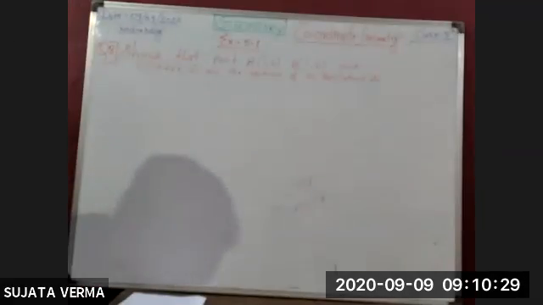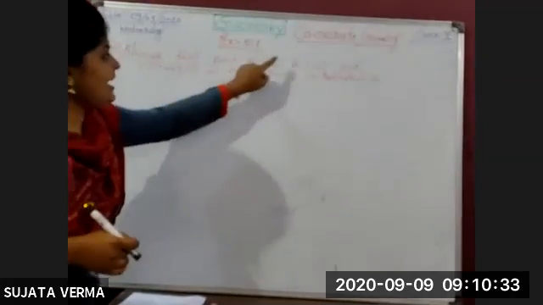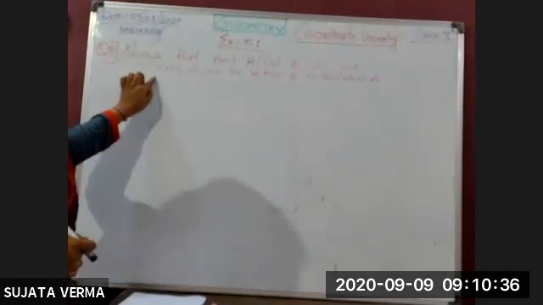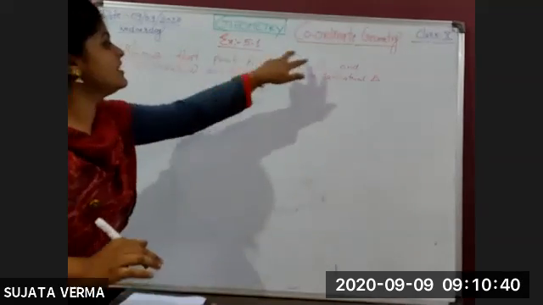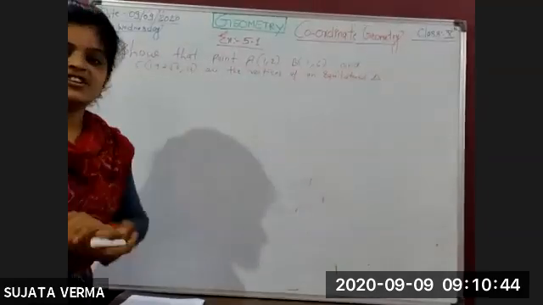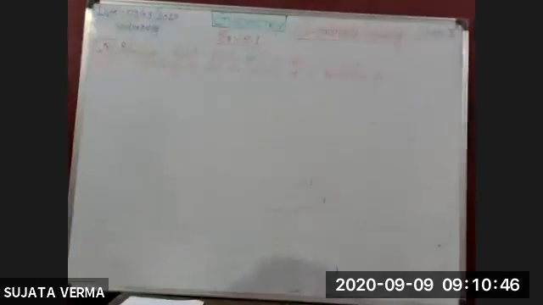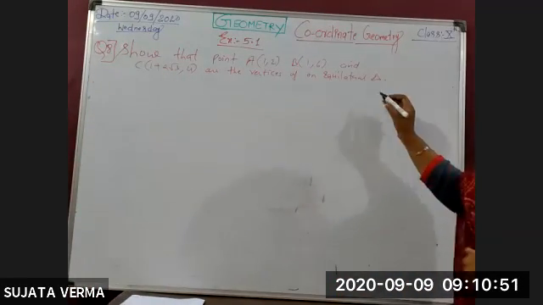Listen, in this question, 3 points are given: A, B and C. We have to show that these 3 points are the vertices of an equilateral triangle. So first we see what the properties of an equilateral triangle are.